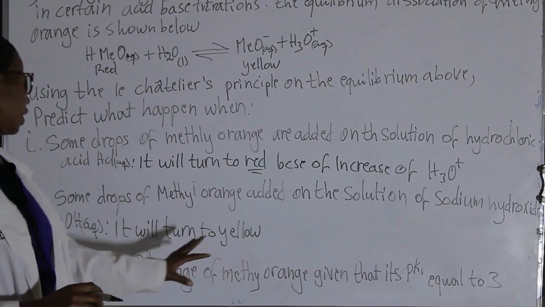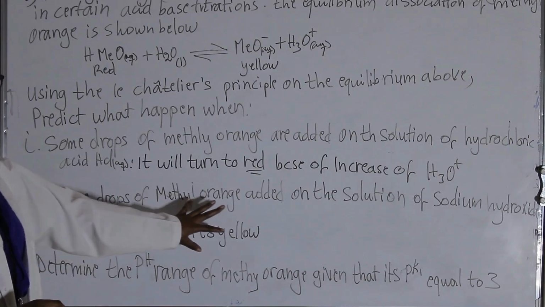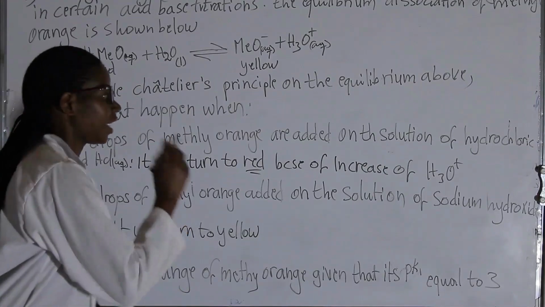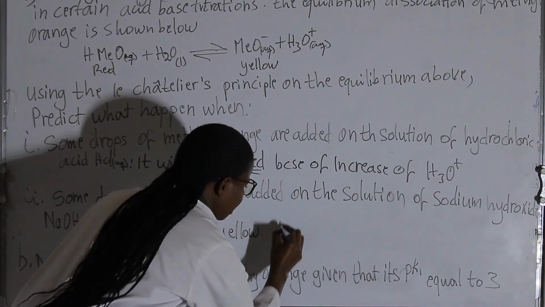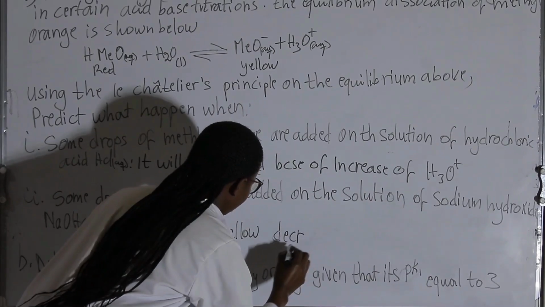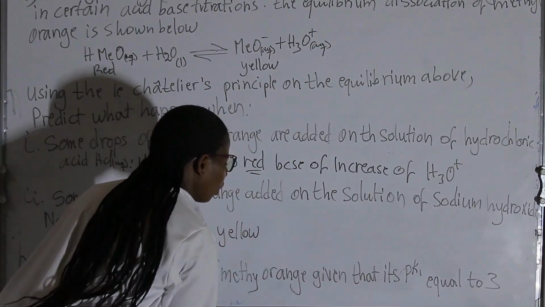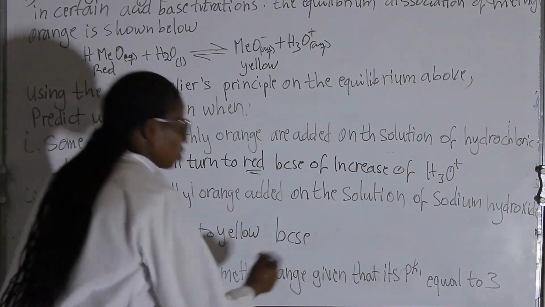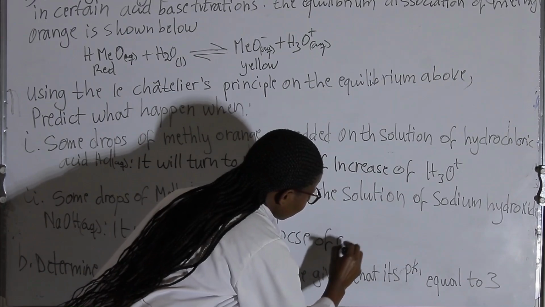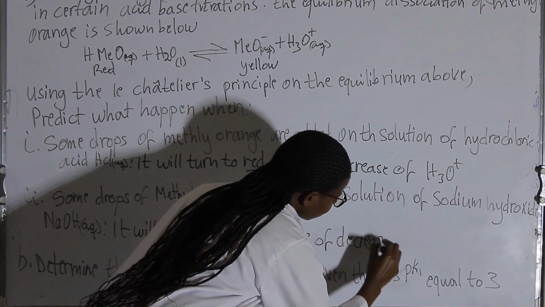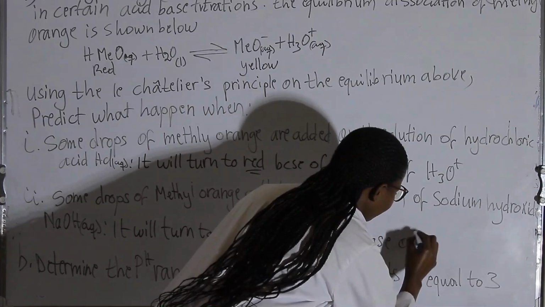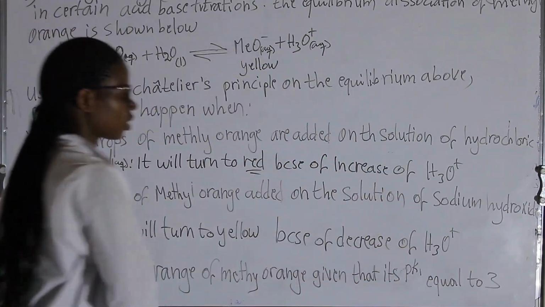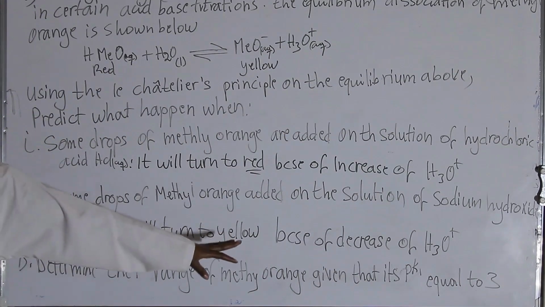This is because there will be a decrease in the number of protons in the solution, a decrease of H3O+ in the solution. That's why it will turn yellow.